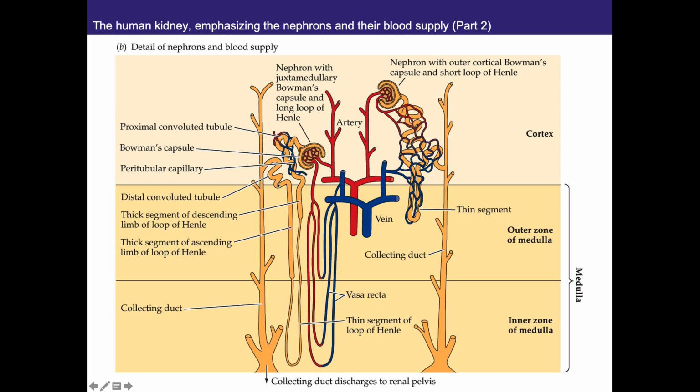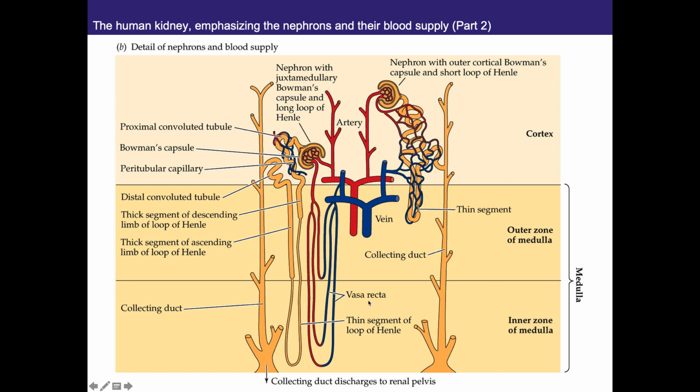This is a different type of nephron right here. This is also a nephron, but it's called the cortical nephron. And it really only remains in the cortex region. That's why it's called a cortical nephron. These types of nephron do not participate in establishing that profound osmotic gradient in the medullary region.